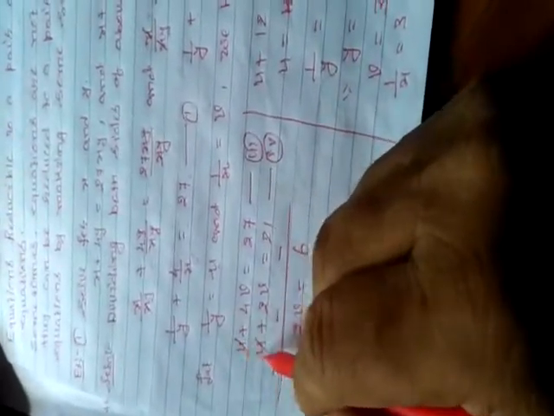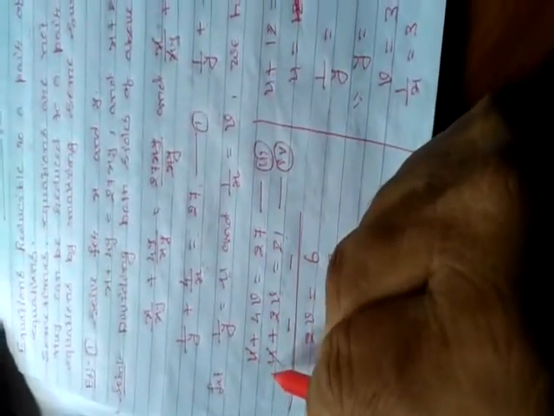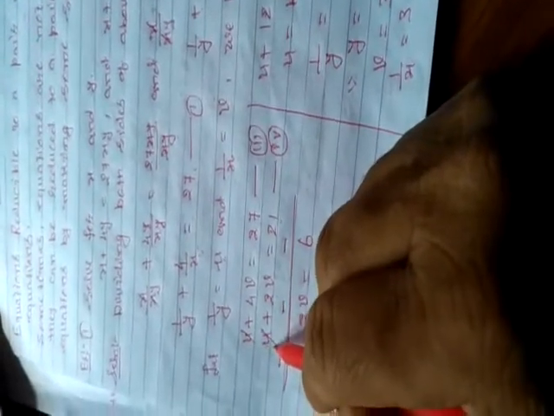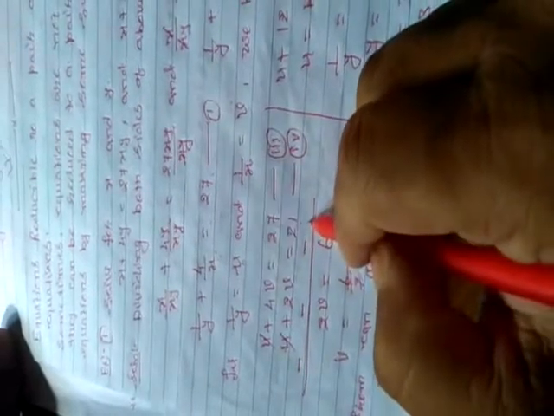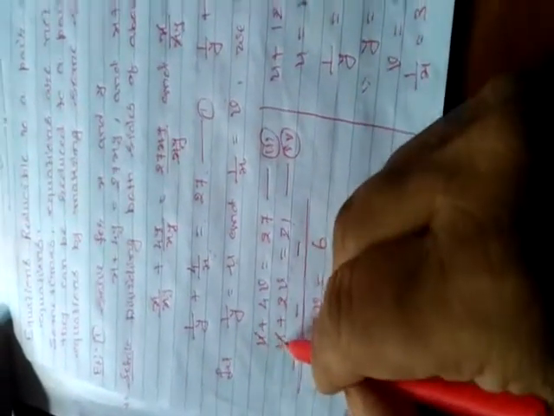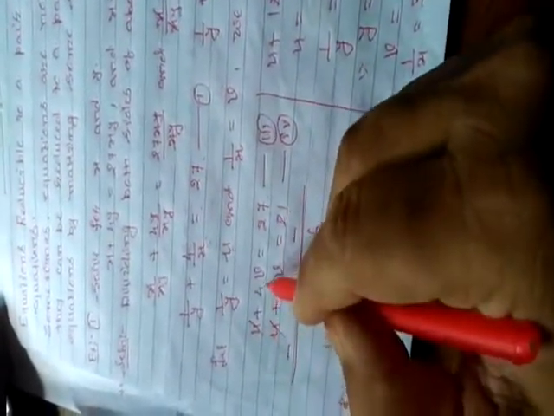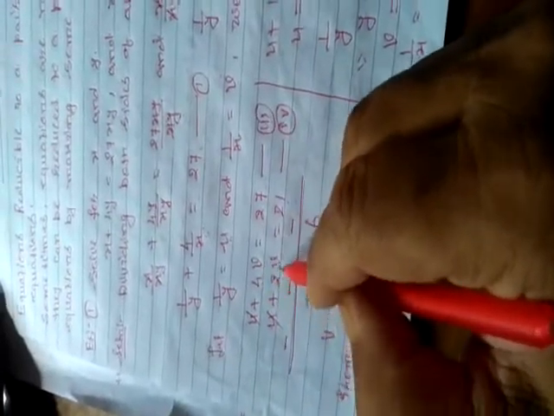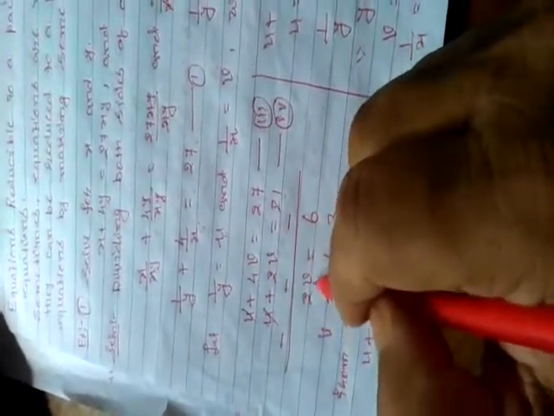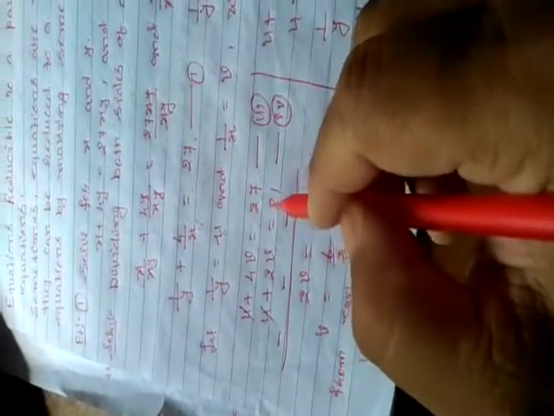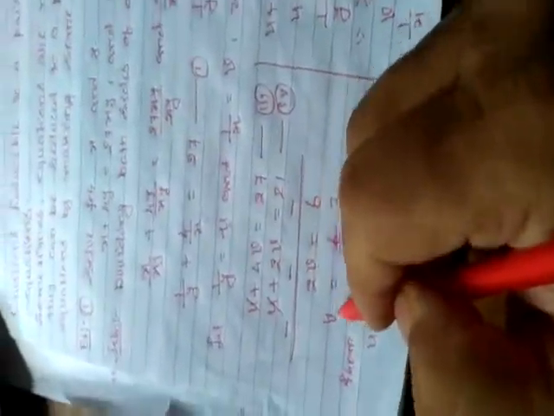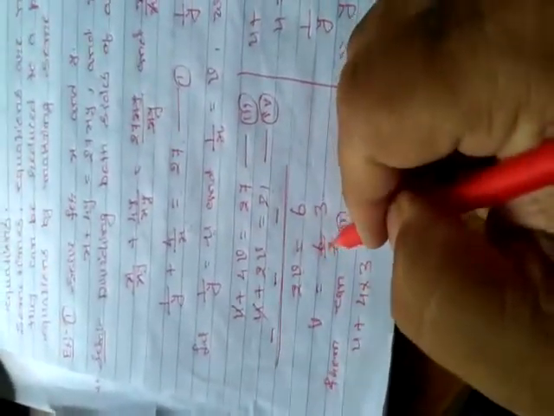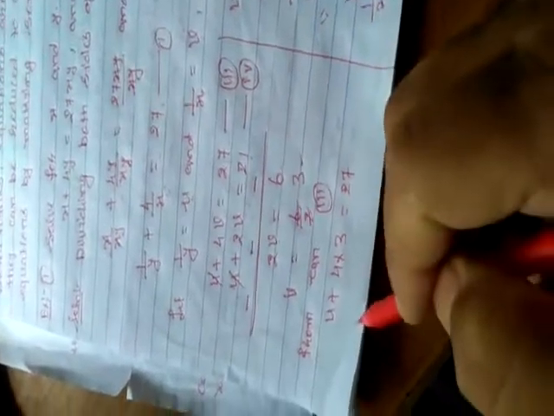So u and u have the same numerical coefficient, that is 1, and the same sign, plus. So we will subtract these equations. u and u get cancelled, and 4v minus 2v is 2v, and 27 minus 21 is 6. So from here we have v equals 6 by 2, that is 3.